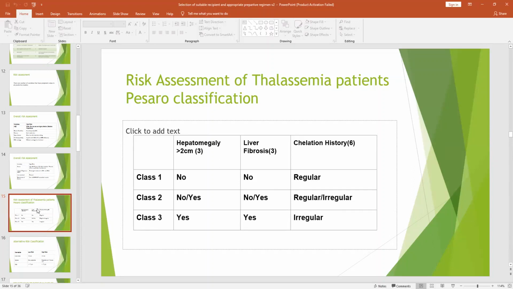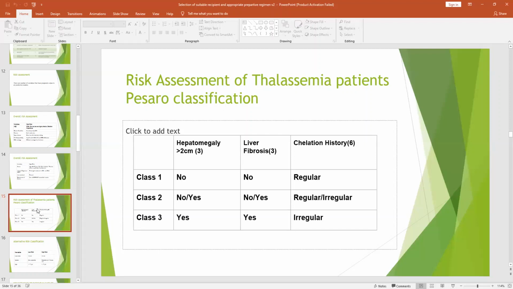On the other hand, if hepatosplenomegaly is present or not, that is class 2, and the liver size on the Z-score, either present or not, is class 2, and regular or irregular IV chelation is also included in class 2.